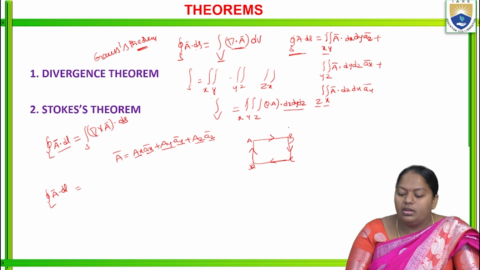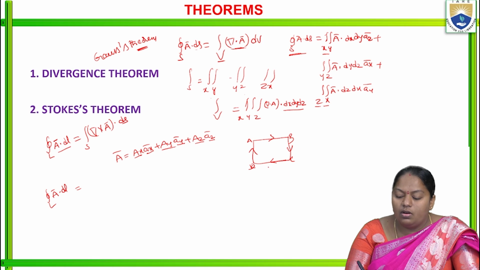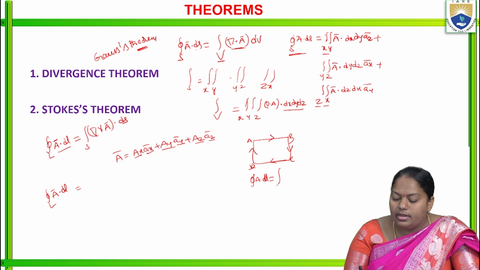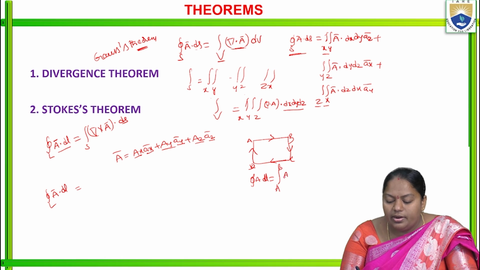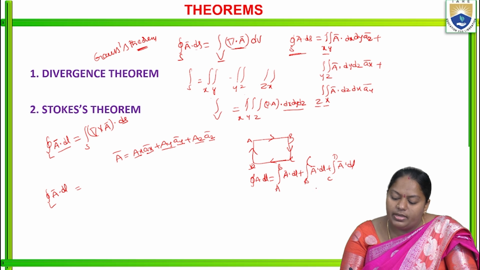If you observe the directions, all will be in the same direction. Hence the closed line integral A dot dl can be written as the integral over L: for the first length A to B, A dot dl, plus the integral B to C of A dot dl, plus the integral C to D of A dot dl, plus the integral D to A of A dot dl.